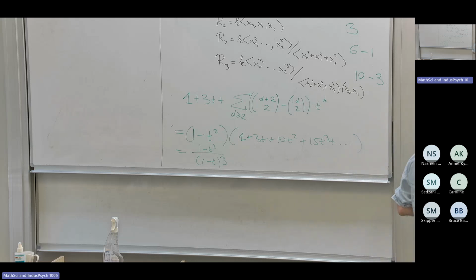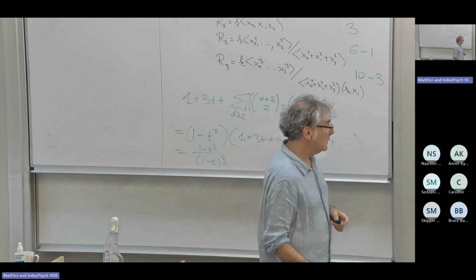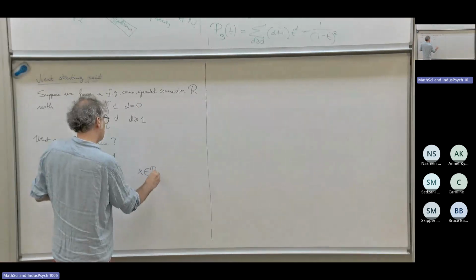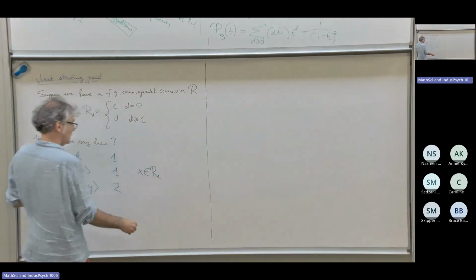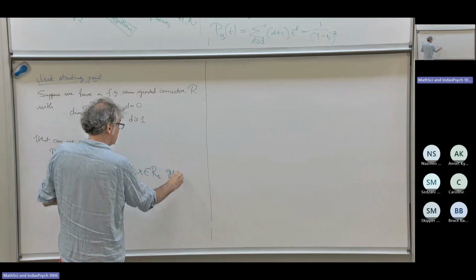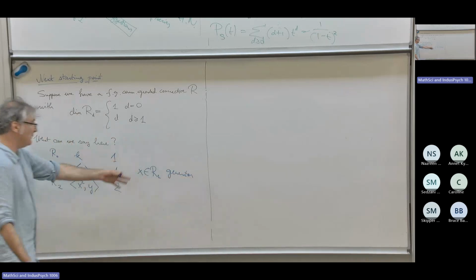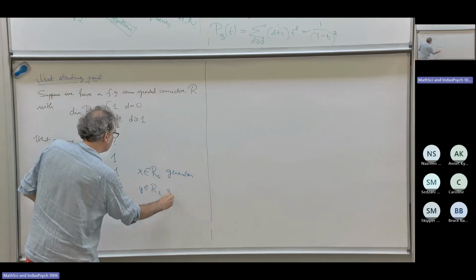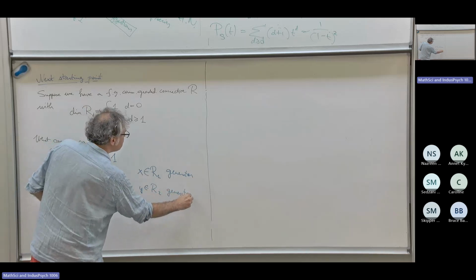So our oracle told us that that's a two-dimensional thing. We already have one resident there. We already have X squared. So we have to have a new generator. I call it Y. So here X in R1 is necessarily a generator because we haven't seen it before. And here Y in R2 is a new generator.